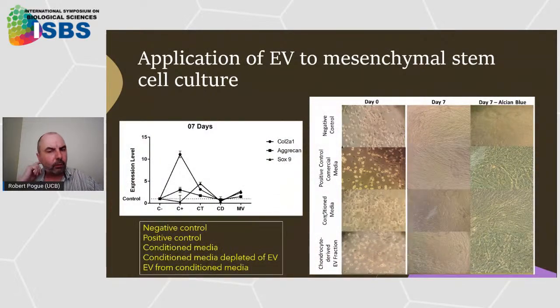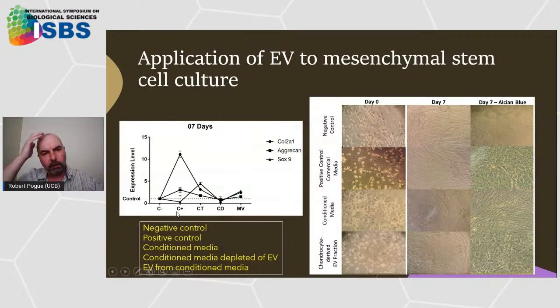So what we did then was we took these vesicles and we applied them to initially mesenchymal stem cells and then to induced pluripotent stem cells. And so what we have here, first in this panel, is a series of samples where we have negative control, positive control, which induces mesenchymal stem cells to undergo chondrogenesis.